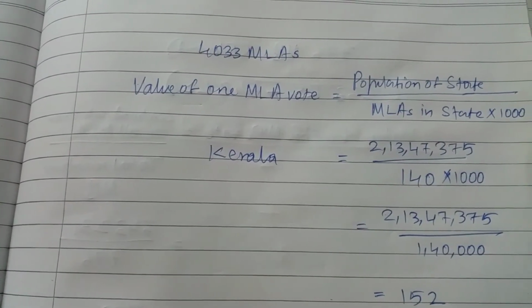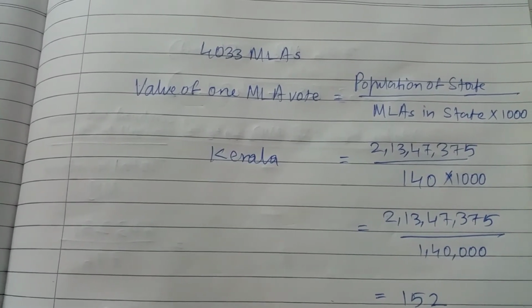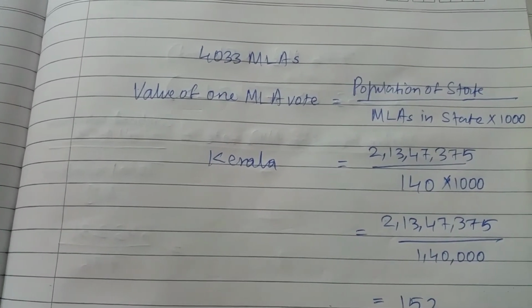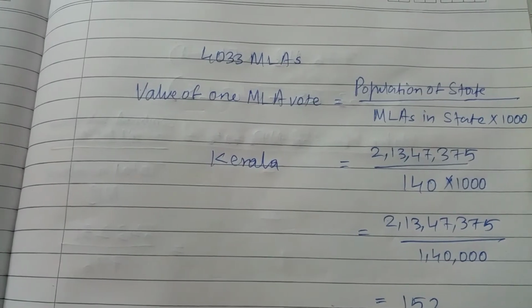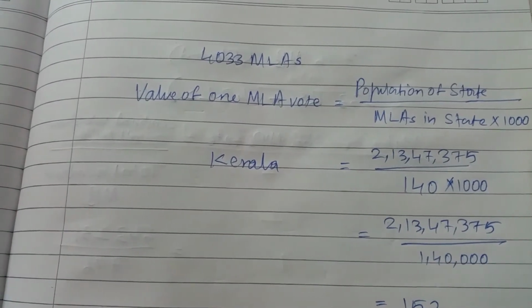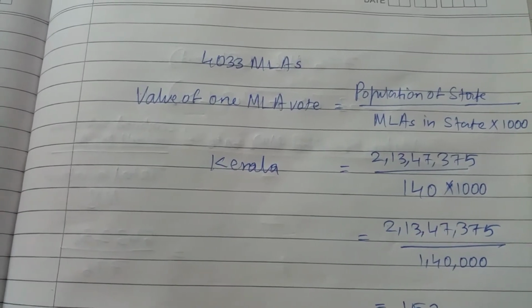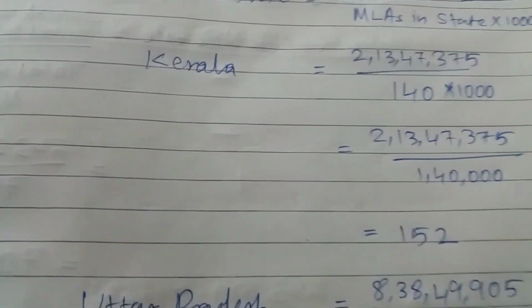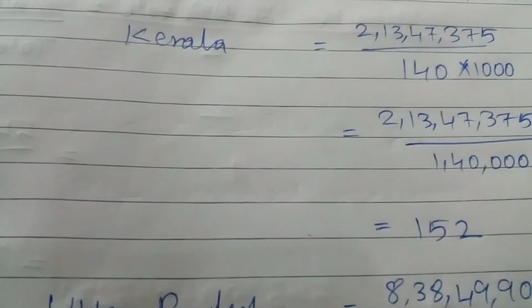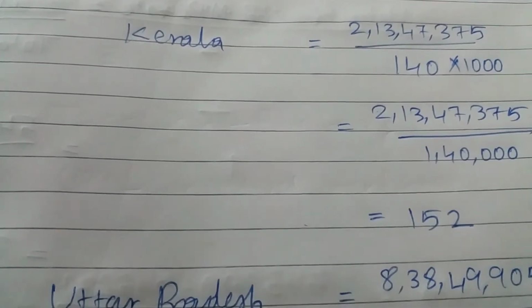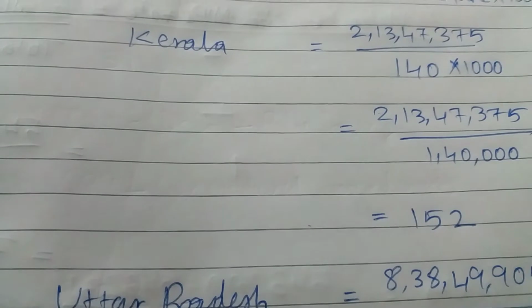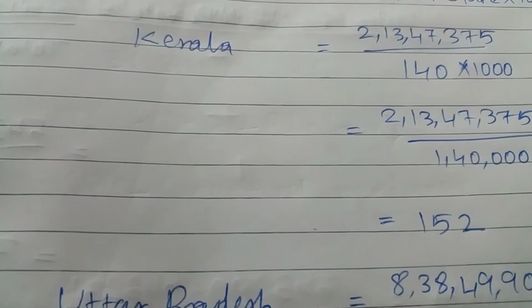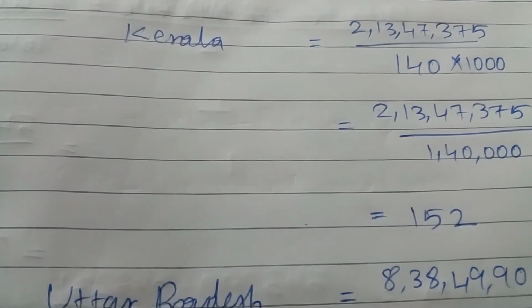We calculate the value of one MLA's vote by dividing the population of the state by the total number of MLAs in the state, the whole divided by 1000. For example, in Kerala, there are 2 crore 13 lakhs 47,375 population, and there are 140 MLAs.